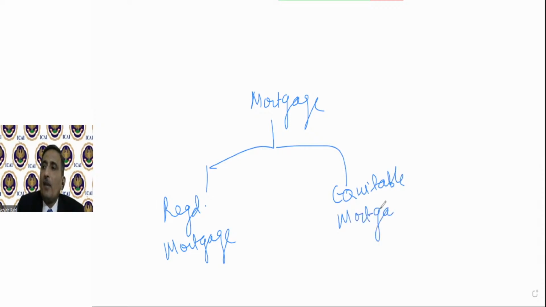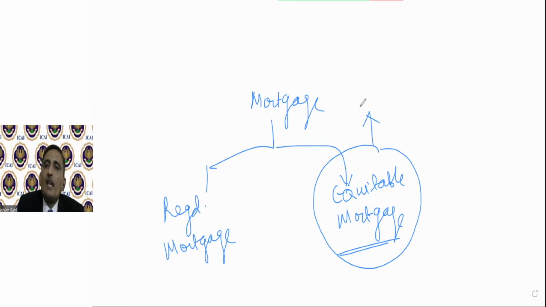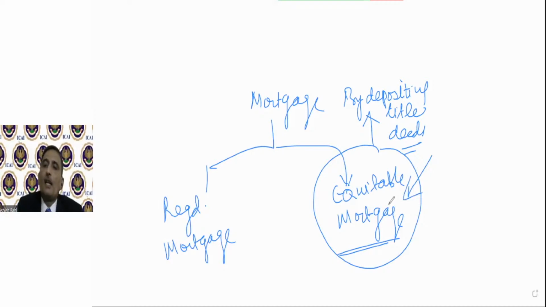So the example I told you, creating a mortgage by way of deposit of title deeds, is an example of equitable mortgage, by simply depositing title deeds and signing the agreement. He creates an equitable mortgage.